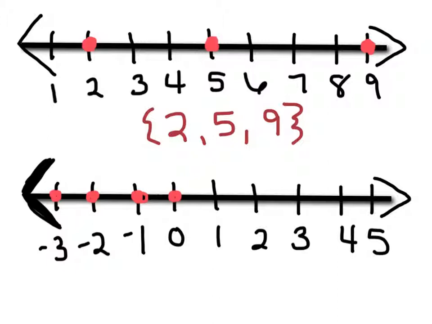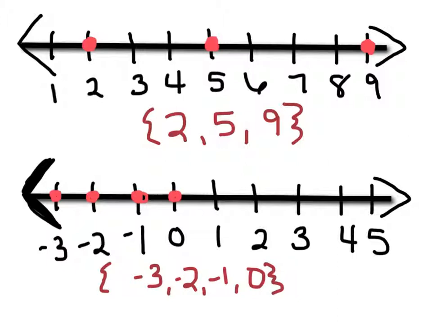So when you find a number line like this with an arrow super bold, right? They might not always be that bold, but when it's bold, you need to list all the numbers that are on the number line that have dots, and then put an ellipses on whatever side of your list that the arrow is on. So here, our numbers are -3, -2, -1, and 0.